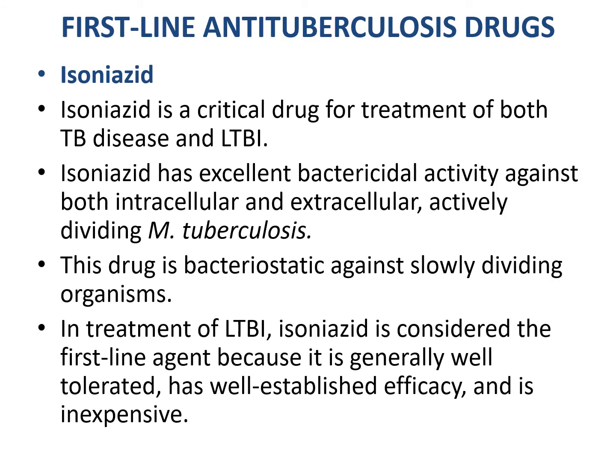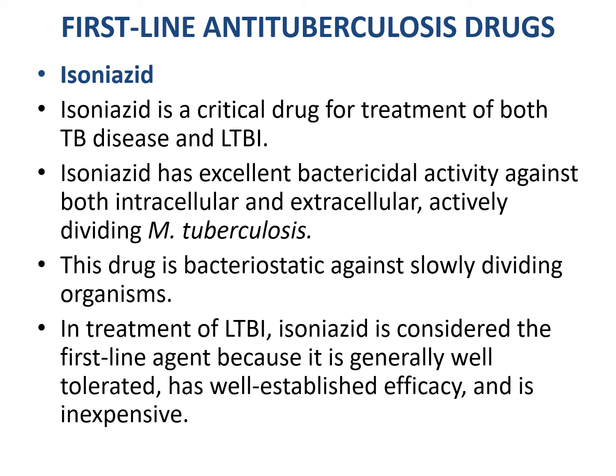First-line anti-tuberculous drugs. First is isoniazid. Isoniazid is a critical drug for treatment of both TB disease and latent TB. Isoniazid has excellent bactericidal activity against both intracellular and extracellular, actively dividing Mycobacterium tuberculosis.